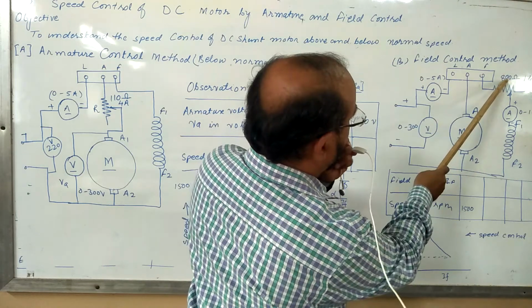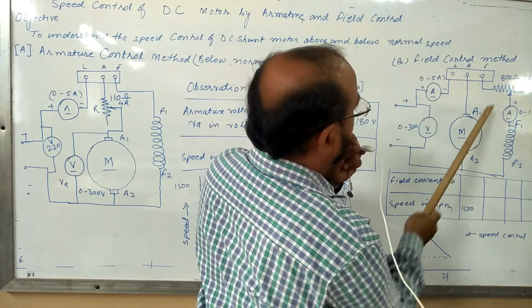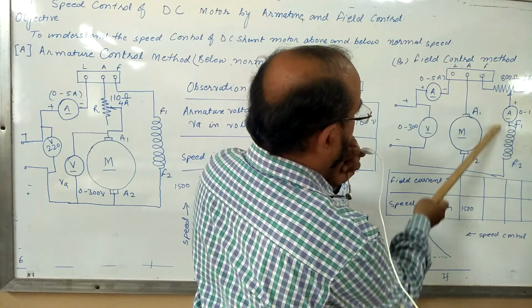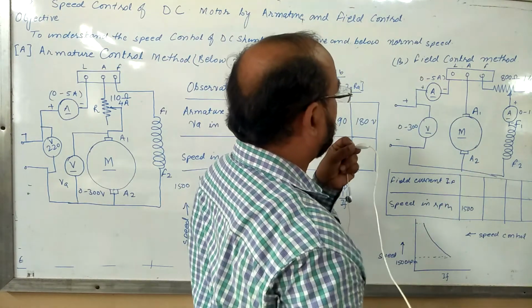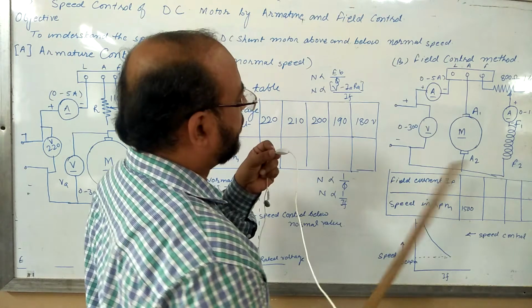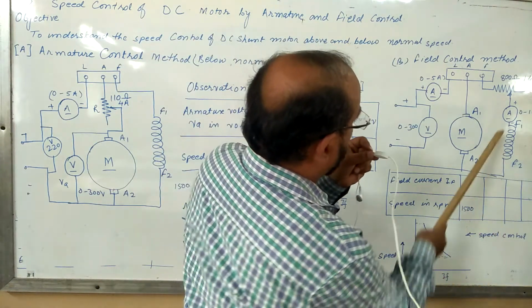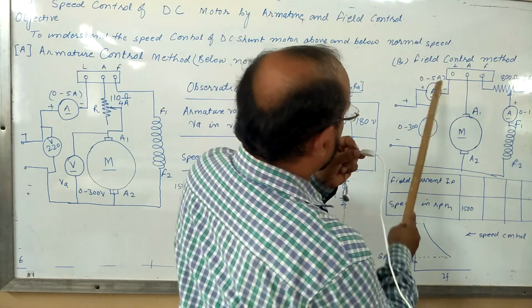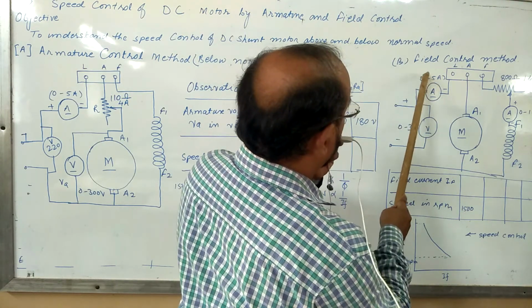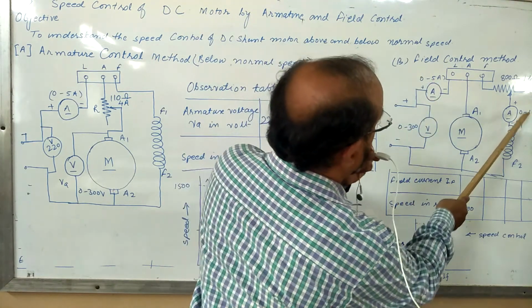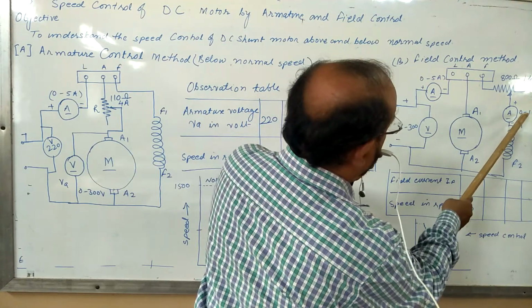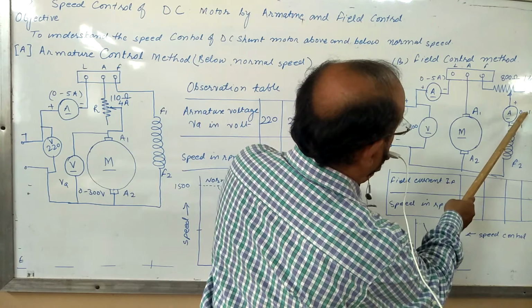The resistance is 800 ohm, 1.4 ampere. It may be, say, 1000 ohm and 1 ampere, because the excitation field current is in the range of 0 to 1 ampere, or 0.5 to say 1.1 ampere. We have added one ammeter, so the selection of the ammeter should be proper. In the armature circuit we have taken 0 to 5 ampere because it will carry more current. For the field current we want to measure, we have increased the resolution by selecting the ammeter range 0 to 1 ampere.